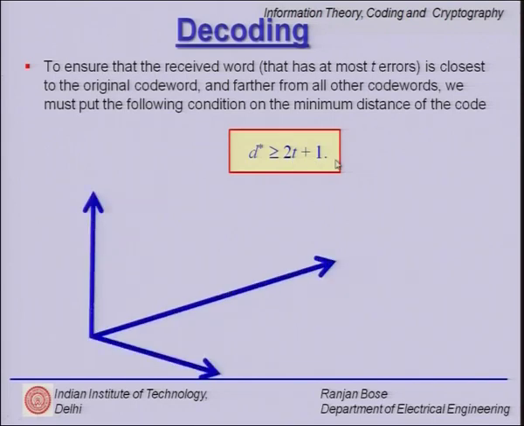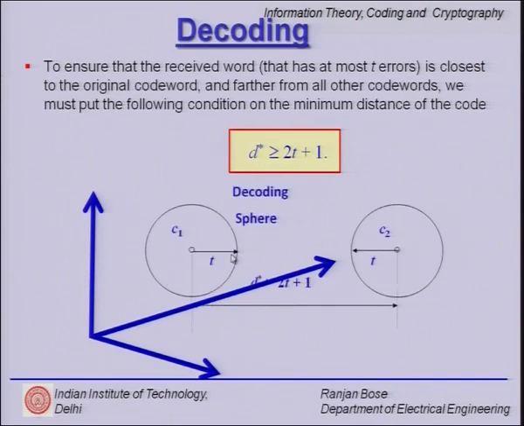Well, it is easy to visualize. Let us have our coordinate system in place, and I have just shown 3 axes, but it is an n dimensional space, and I can always put a point in the space which represents code word C1, and there will be a decoding sphere around it of radius t.